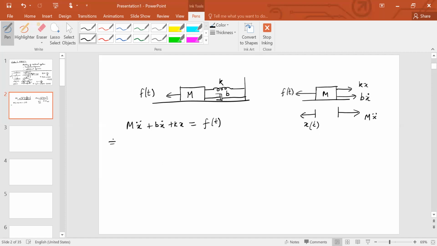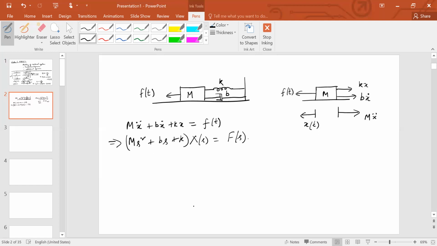Of course, as before, assuming zero initial conditions and taking the Laplace transform on both sides, we may write this as ms squared plus bs plus k times x of s is equal to f of s.